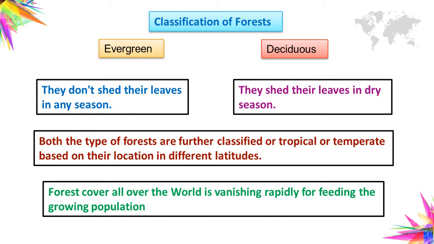Both types of forest are further classified into tropical or temperate based on their latitudes. Even though it's a tropical plant, if the latitude lies in the temperate region, it becomes temperate evergreen or tropical evergreen, as we say. Likewise, temperate deciduous or tropical deciduous.